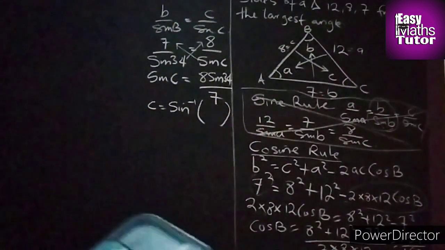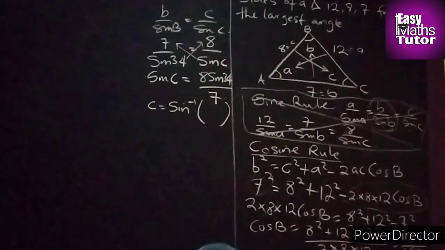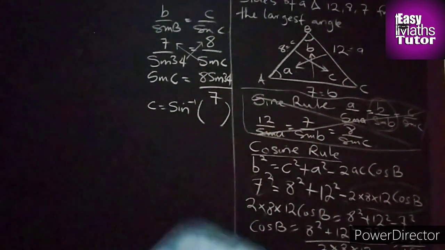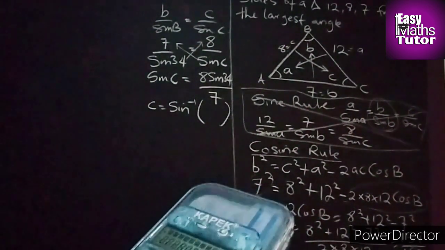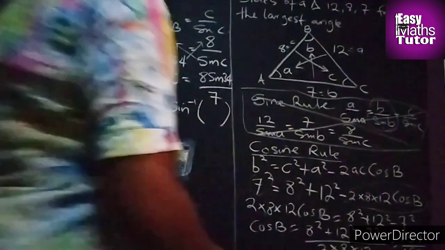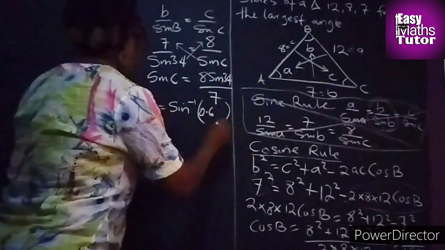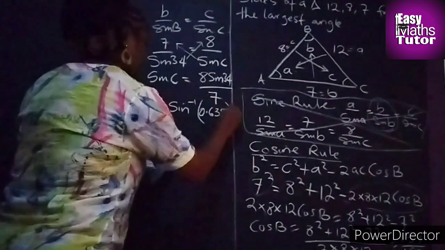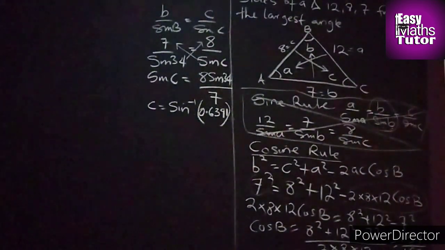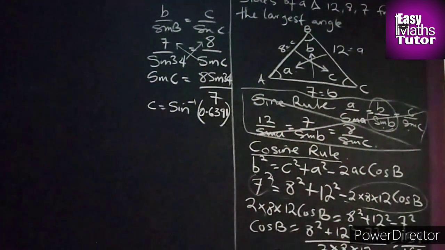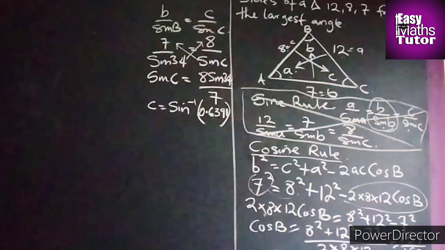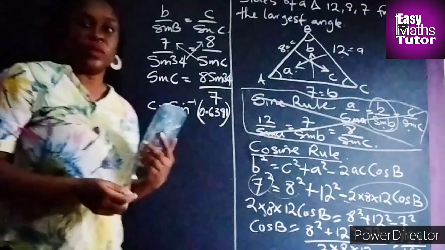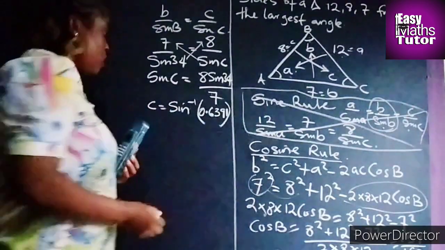So let's find this value. 8 sine 34 divided by 7 is 0.6391.